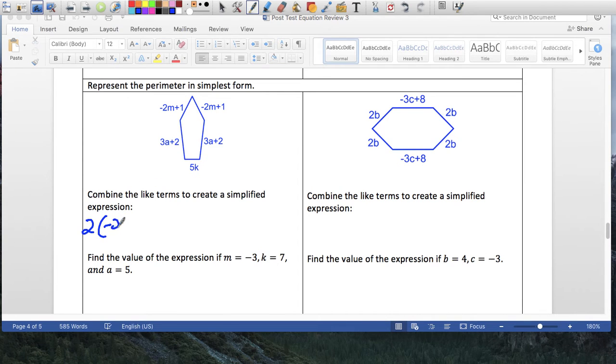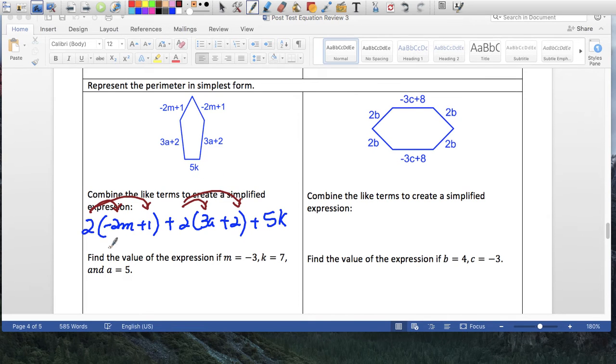It's 2 times negative 2m plus 1, plus 2 times 3a plus 2, and just plus 5k. So to make our expression shorter, we definitely have to use the distributive property, okay? Then see if we can combine any terms because we want a simplified version.